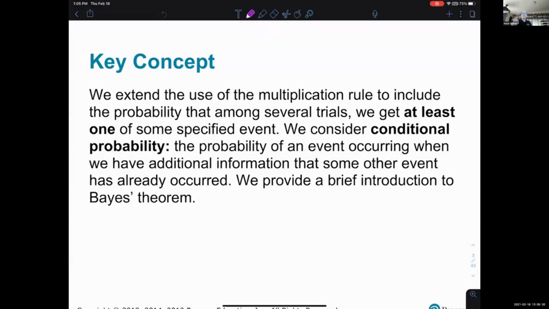So we could ask for a conditional probability by saying, what is the probability that I get tails on the second toss if I know that I already got heads on the first toss? So that's a conditional probability. I'm asking for the probability of tails on the second, conditional on the fact that I already know that, or I'm assuming that I got heads on the first toss. How would that give my probability for the second event?